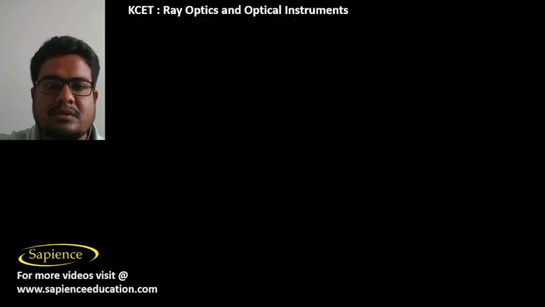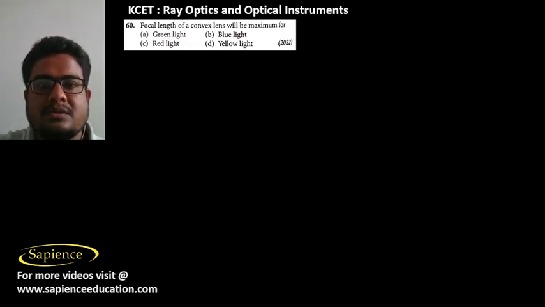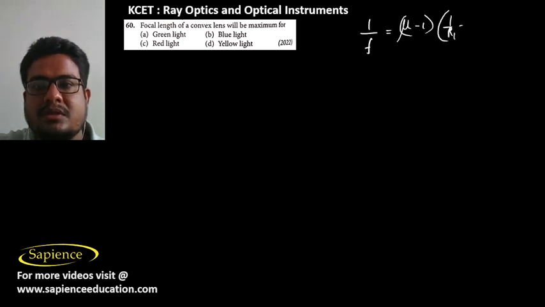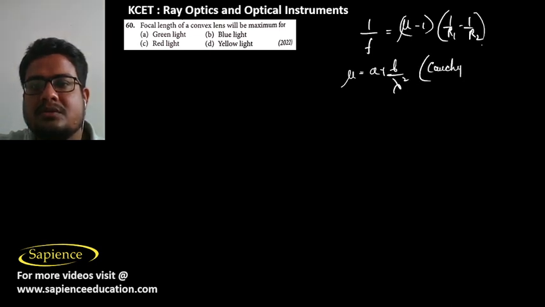Question number 60. Focal length of a convex lens will be maximum for which color of light? We know the lens maker's formula: 1 by f equals mu minus 1 into 1 by r1 minus 1 by r2. We know that refractive index equals a plus b by lambda square, which is called Cauchy's formula, where the refractive index is a function of wavelength of light.